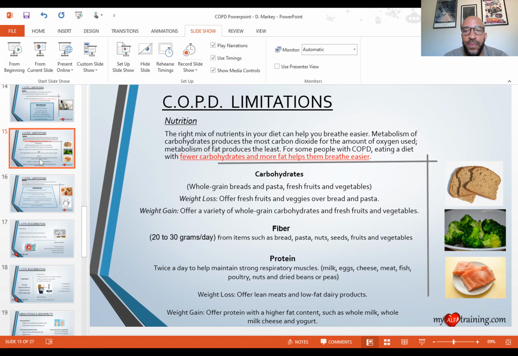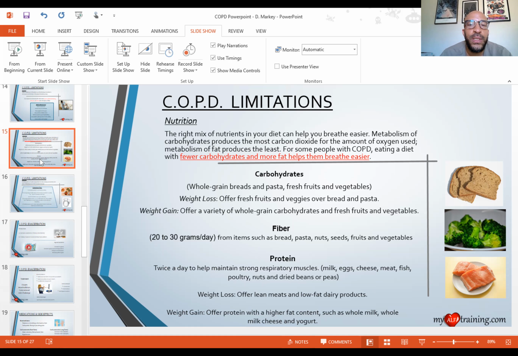Now, why is this? Well, the metabolism of carbohydrates produces the most carbon dioxide for the amount of oxygen used. Metabolism of fat produces the least. Remember, patients with COPD don't take in as much oxygen, but they do hold on to some carbon dioxide.